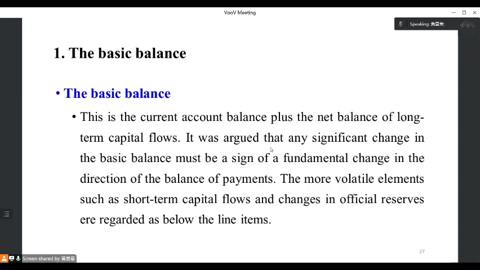It was argued that any significant change in the basic balance must be a sign of fundamental change in the direction of the balance of payments. The more volatile elements, such as short-term capital flows and changing official reserves, are regarded as below the line items.